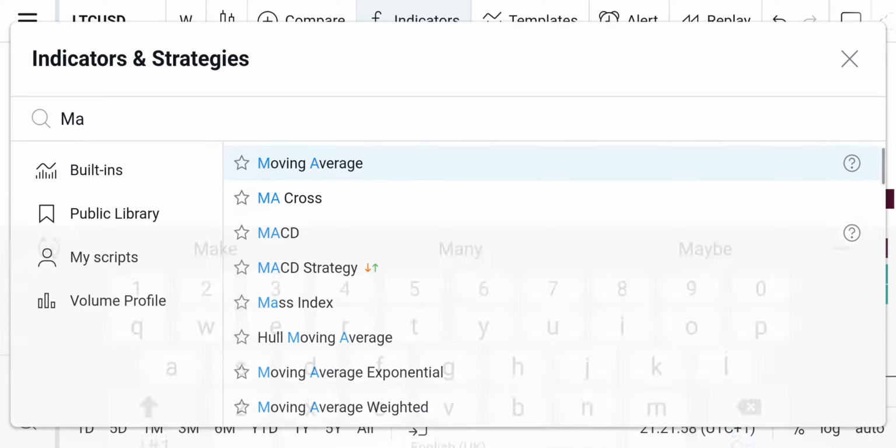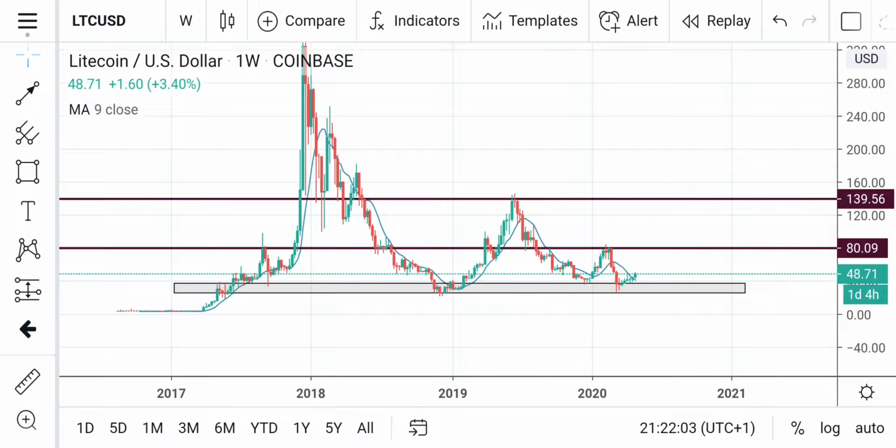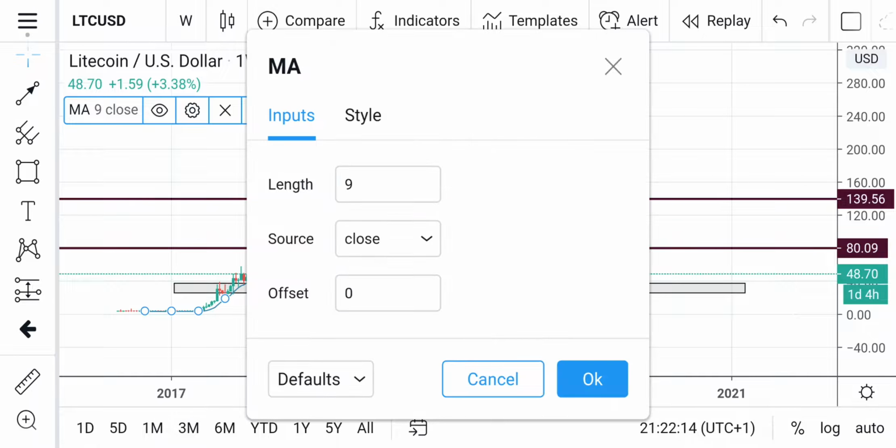You click on it once, and you go over here to edit the settings. I'm going to make it a 200 period moving average by clicking this place.